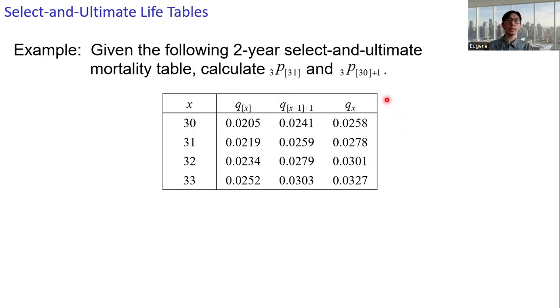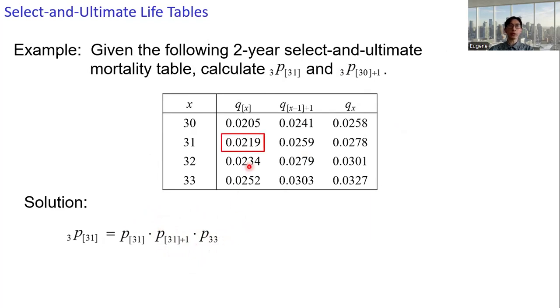All right, with this 2-year select and ultimate mortality table, calculate the two quantities, 3p[31], the select age at 31, and 3p[30]+1, the select age is 30. 3p[31] equals p[31] times p[31]+1, which is within the select period, and then reaching age 33, this is beyond the select period, the ultimate value, p33.